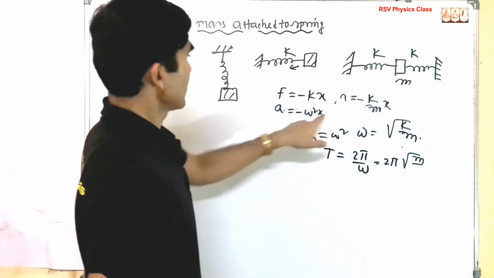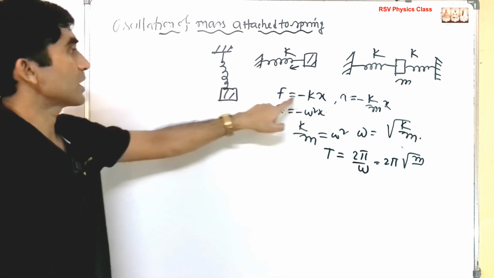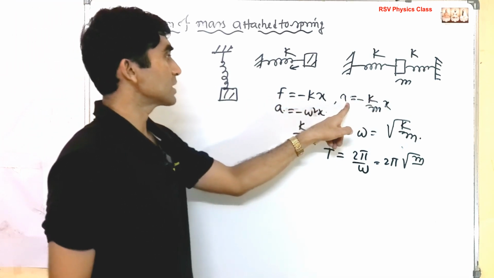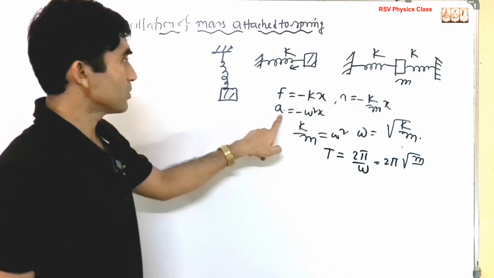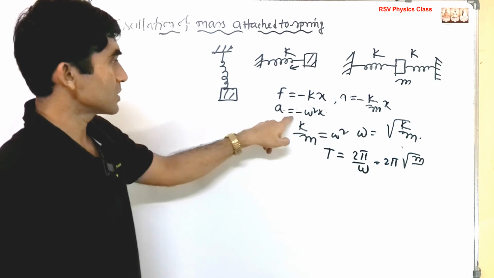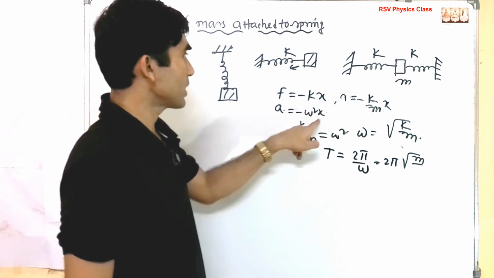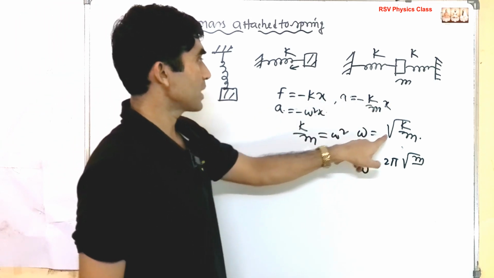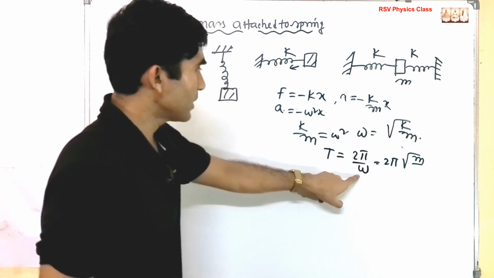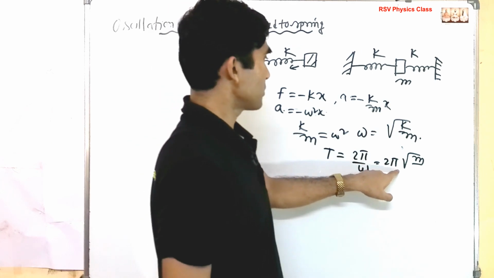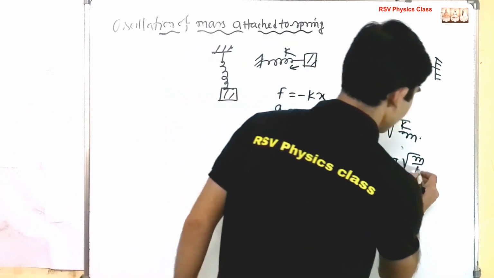Okay, if we compare this equation, F equal to minus kx, so a equal to acceleration equal to k over m. Okay, so compare with the equation of simple harmonic motion, minus omega square x, so omega square equals k by m, omega equals root over of k by m, and time period equals 2 pi by omega. So this is equal to 2 pi root over of m by k.